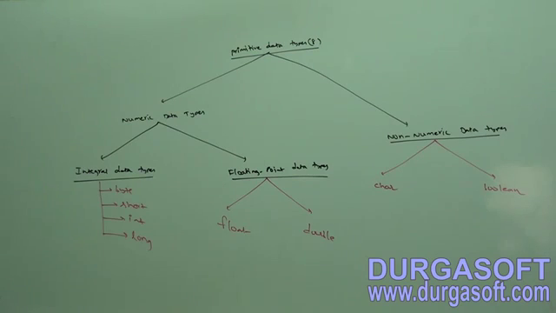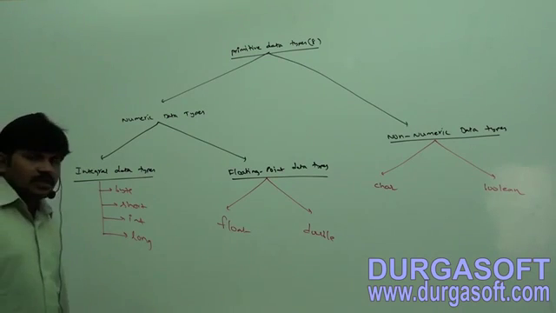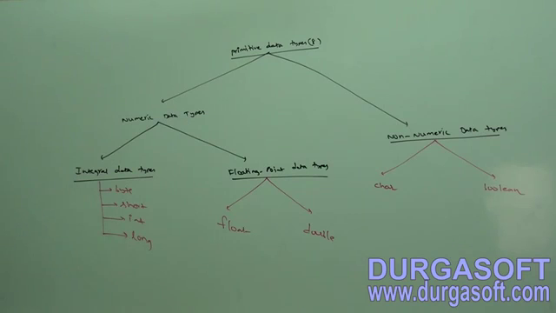Primitive data types. Next are numeric data types, non-numeric data types. Next are integral data types: byte, short, int, long. Next are floating point data types: float and double. Non-numeric data types.